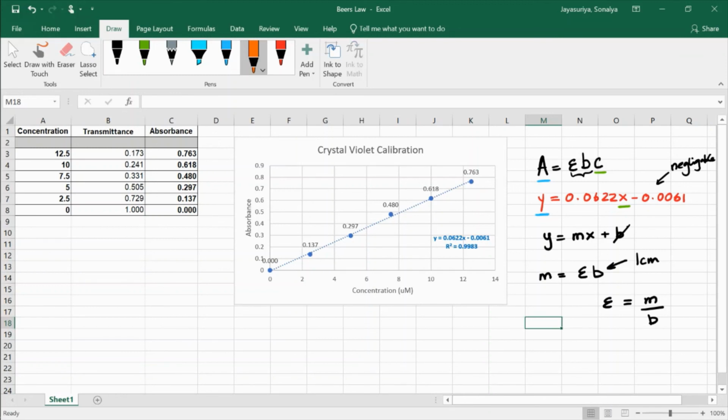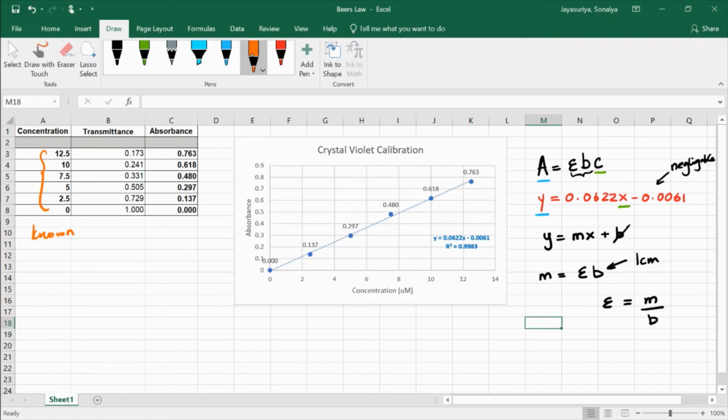So that is why this calibration graph is super important. A calibration graph is a graph that you make with absorbance on the y-axis and concentration on the x-axis for solutions of known concentration. All of the concentrations of these 5 solutions are known, okay?